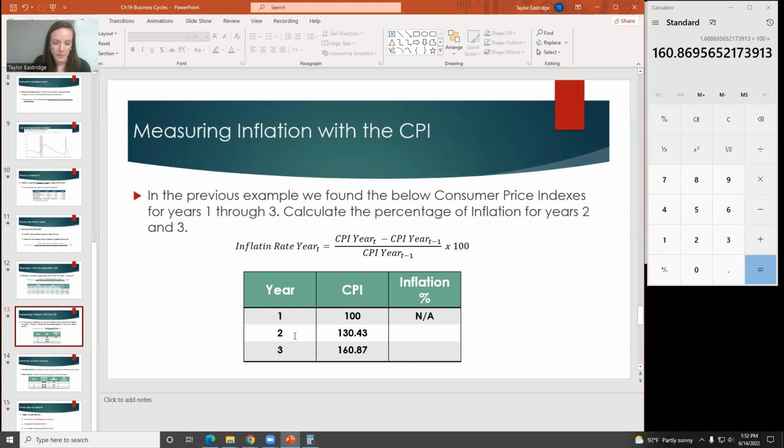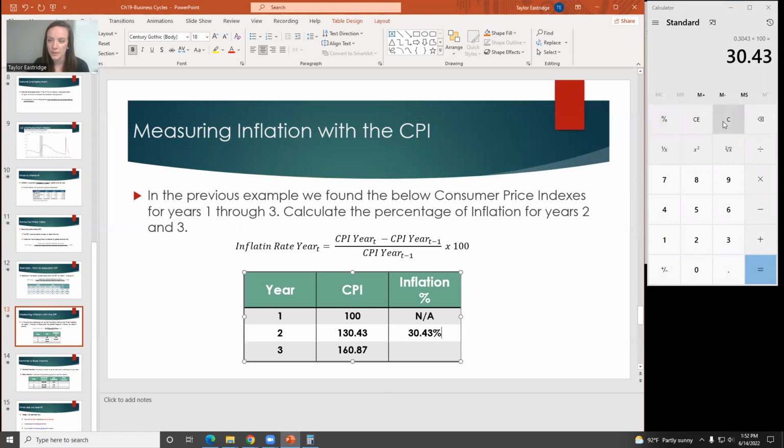There's no year before. In year two, the calculation becomes 130.43, that's our CPI, minus last year's CPI, which is 100, divided by 100, times 100. So it's 30.43%.